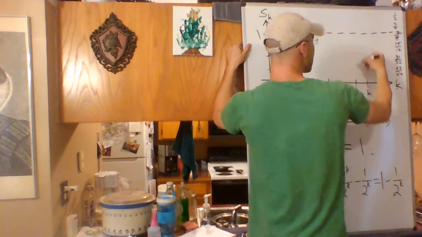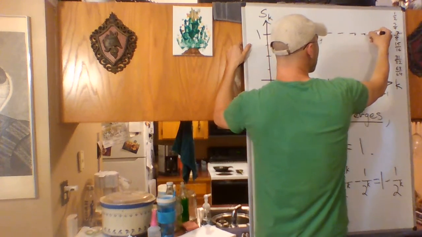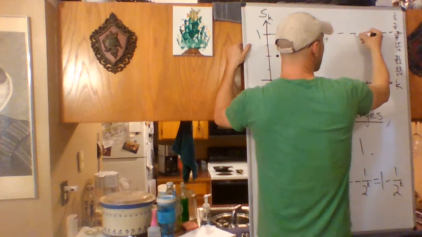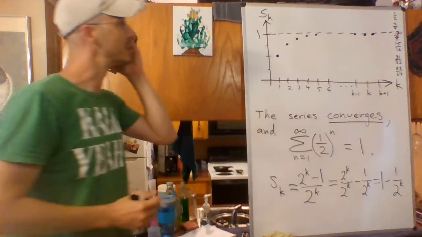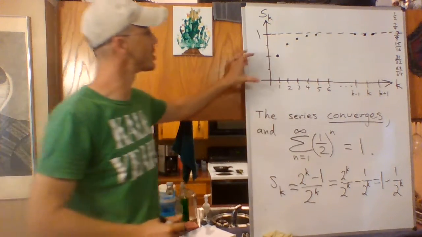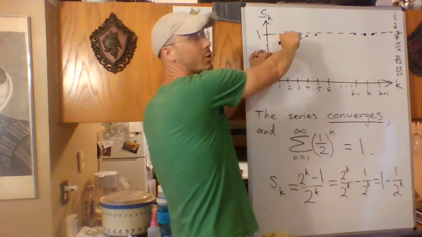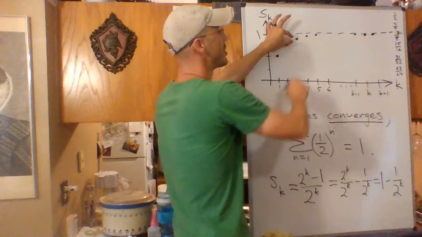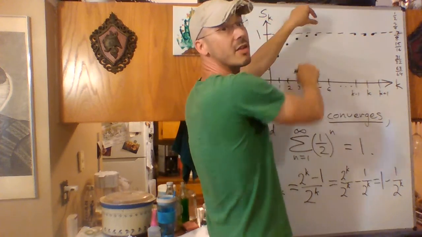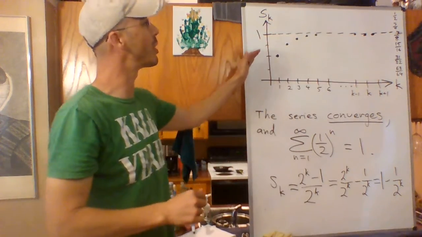And all these are going to do is get closer and closer still as I go on down the line. It's almost like I'm starting with the first term, 1/2, and putting a quarter on top of that, and an eighth on top of that, and a 16th on top of that, and a 32nd on top of that, and I'm just building my way up to 1.